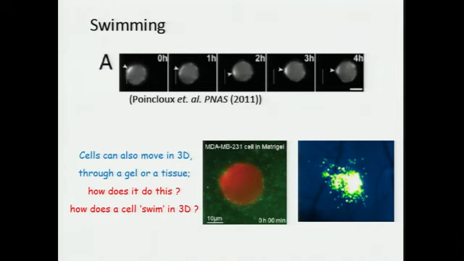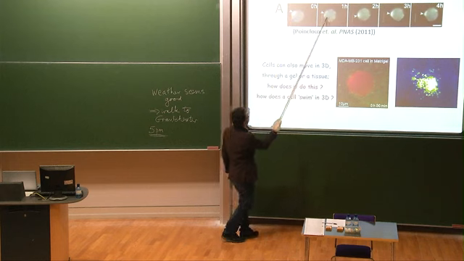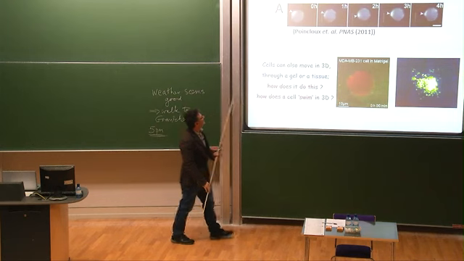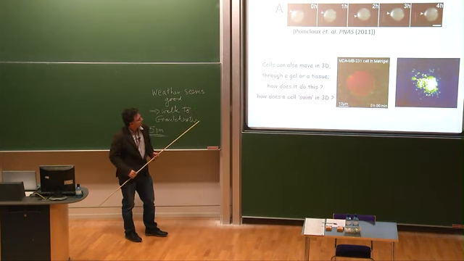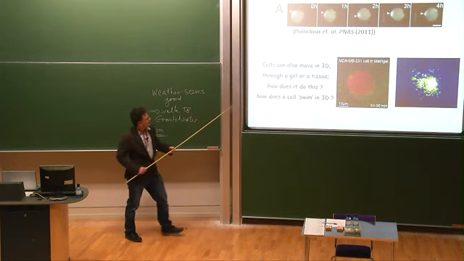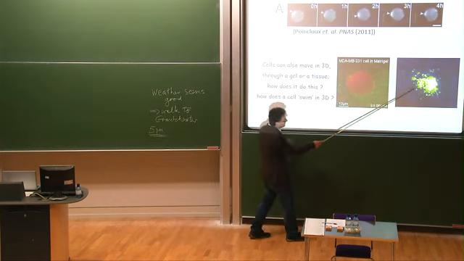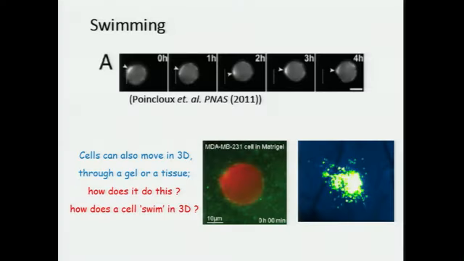I should tell you that a cell crawling on the substrate does so at about 300 nanometers per second, okay? Whereas a cell swimming, in this case, these are 4 hours, and this is about 10 microns or so. So it's not moving very far, but still moving. This is another example in which people have taken a bit of a cell from a tissue, put it in vitro, and cells move around here as well.